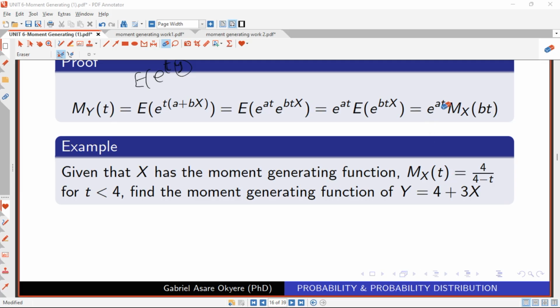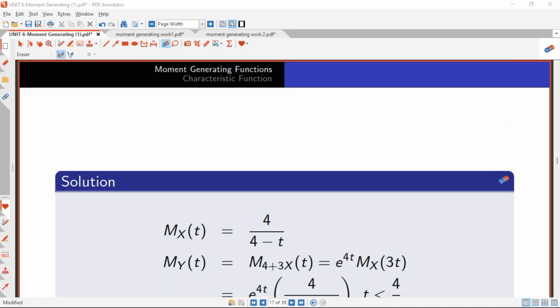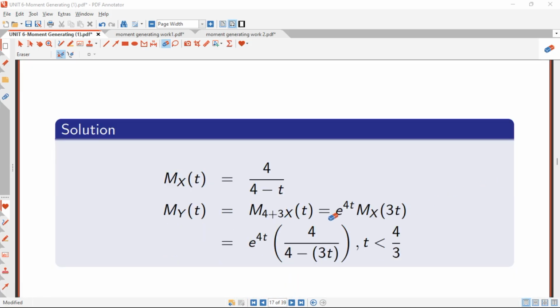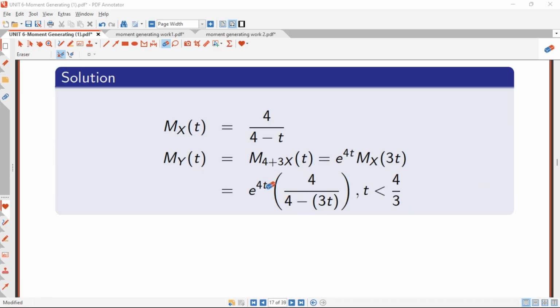So we are going to get e raised to the power 4t, and then we put our 3 where we see the b. So we are going to get 3t here. Anywhere we see t, we are going to replace it with 3t. So you are going to get e raised to the power 4t, times 4 divided by 4 minus 3t, where t will be less than 4 over 3. That will be our limit.